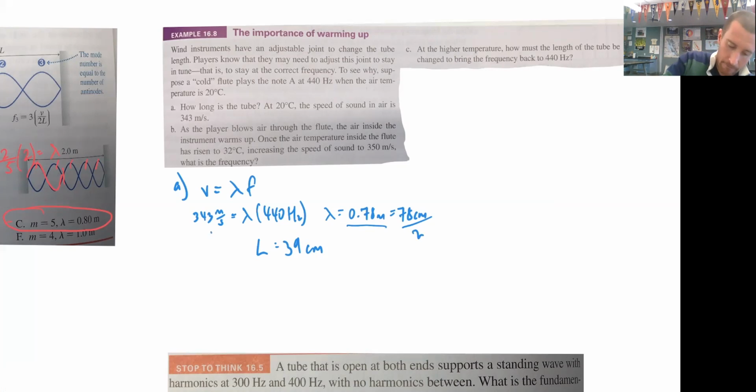So for part B, I'm going to do v equals wavelength times frequency. My wavelength stays the same because I've kept the same tube length.